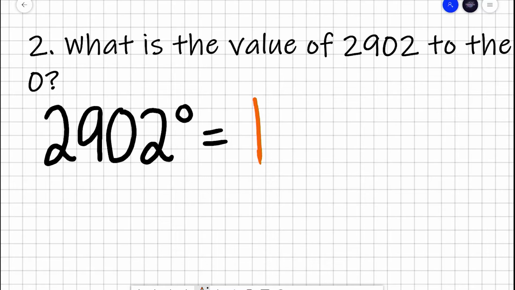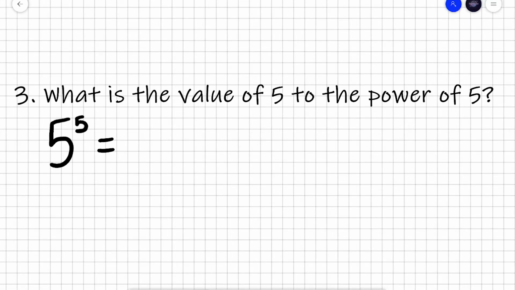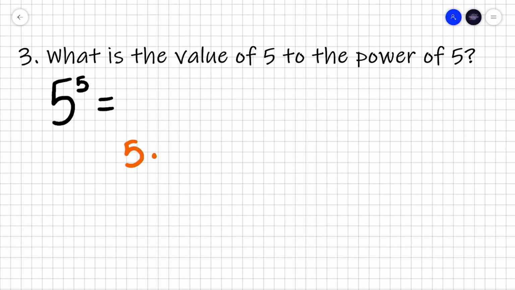So yeah, moving on to the last question. What is the value of 5 to the power of 5? I will just give you guys another 3 seconds. Done. So if you just do the simple math, 5 times 5 is 25.